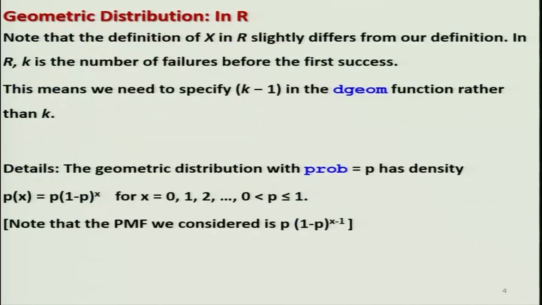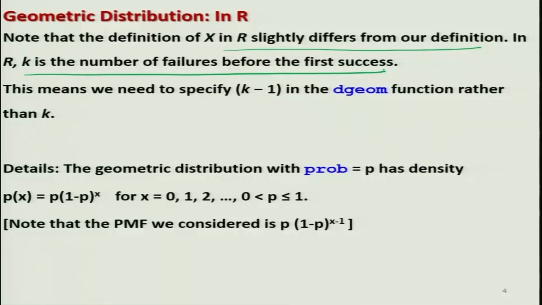Before we try to understand the parameters inside the parentheses, note that there is a slight difference in the definition of the geometric distribution in R in comparison to what we have done. In R, this k is the number of failures before the first success. This means we need to specify k minus 1 instead of k of our notation in the functions like dgeom.